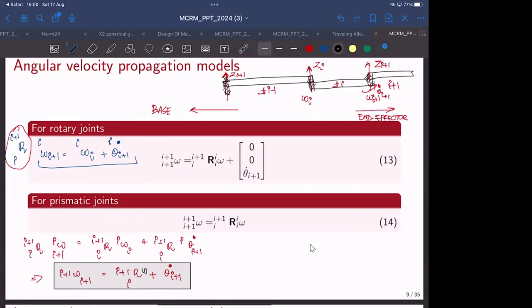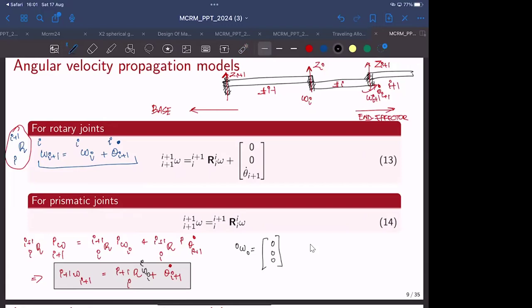There is also an I omega I here, right? So this is how you propagate the angular velocity from base all the way to the end effector. And you always consider the angular velocity of the base as 0, 0, 0 because base is always fixed.